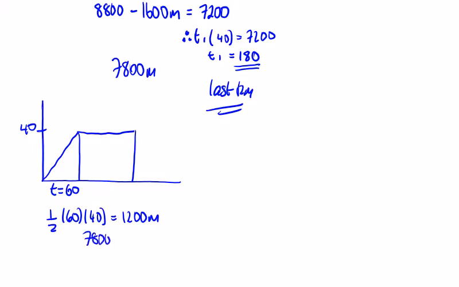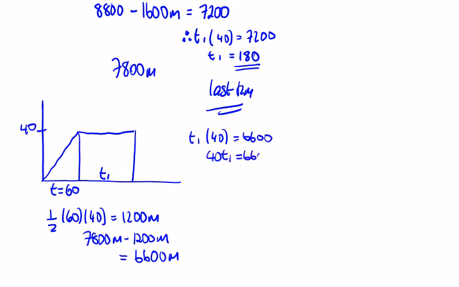So 7,800 meters minus 1200 meters is 6,600 meters. So if I get t in here, I'll call it T1. T1 by 40 is equal to 6,600. So I'm going to get T1 is equal to 660 divided by 4. So T1 is going to give me 165 seconds, I think, 165.